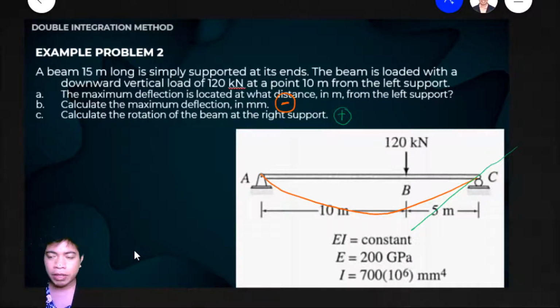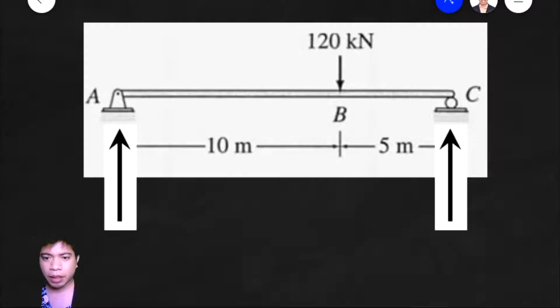So the first thing we will do, guys, is solve for the reactions at our supports. Take note that our beam is simply supported, which means we can just compute the vertical reactions.